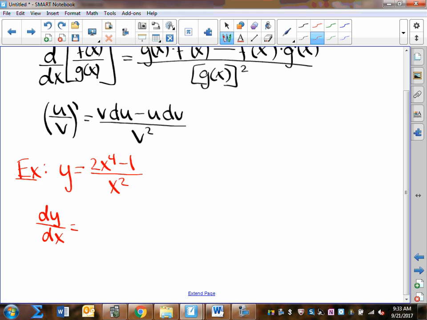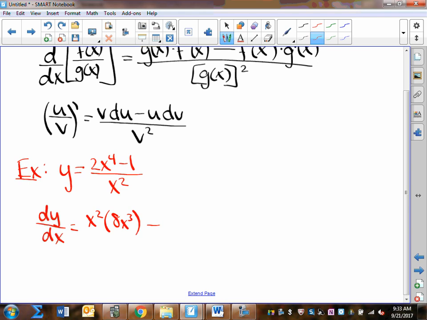So again, we start off with the bottom. Bottom stays the same, times derivative of the top. My derivative of the numerator here, 8x cubed. Okay.